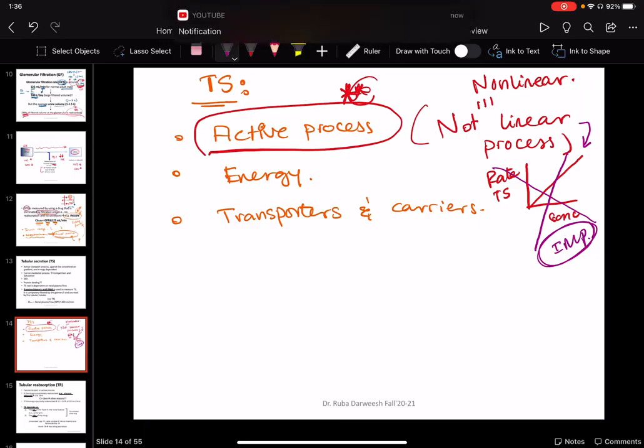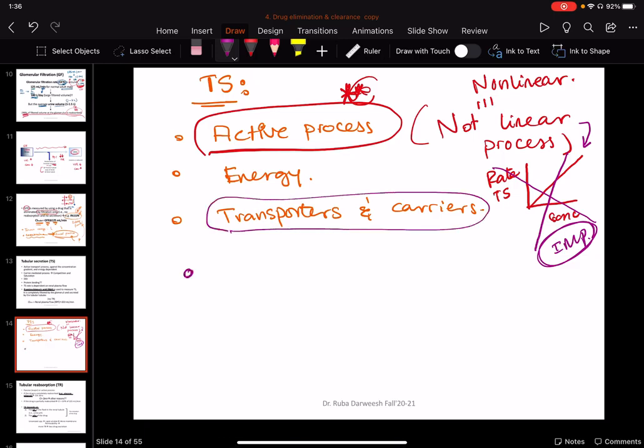We usually know, from freshman biology classes, that if we are talking about active processes, they go against the concentration gradient. It's not an accurate sentence, but as transporters and carriers are involved with energy, it's not driven by a concentration gradient. So we don't say it goes across the membrane down the concentration gradient.